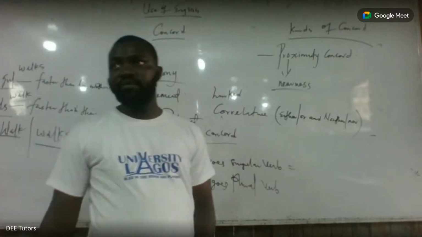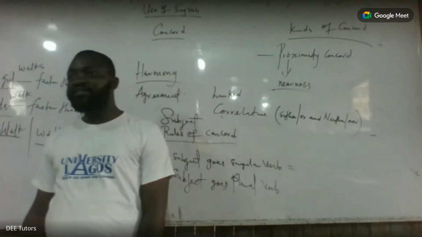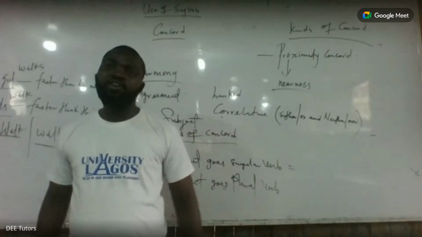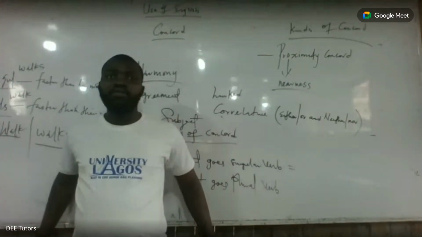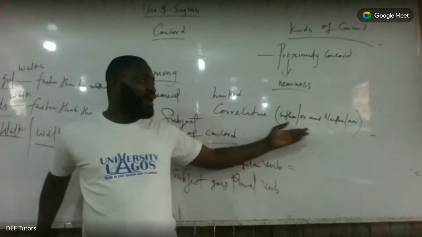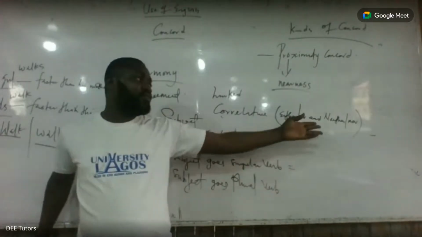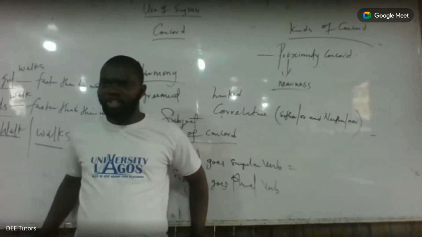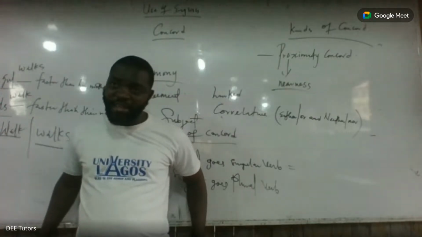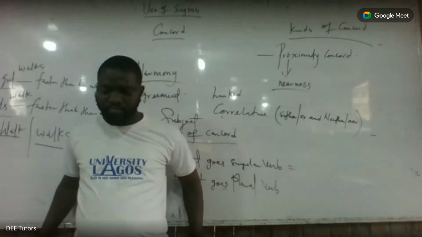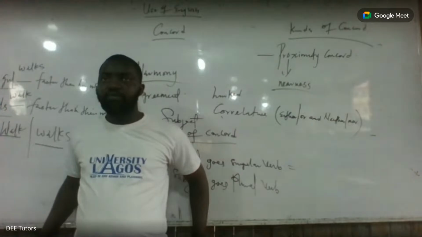You understand me? When two subjects are linked by what? Correlative conjunction, open a bracket, either or, and what? Neither nor. Do you get that? Yes, sir. Okay. Comma.